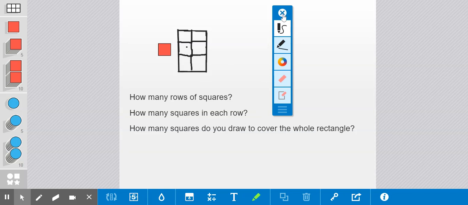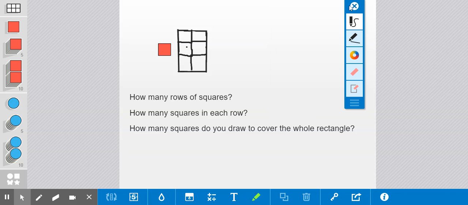So when we look at this, how many rows of squares are there? Remember, rows go from left to right. So we have 1, 2, 3 rows of squares. Our next question says, how many squares are in each row?